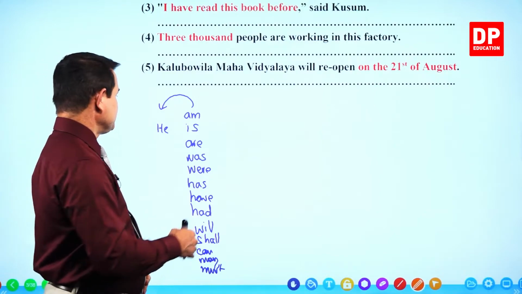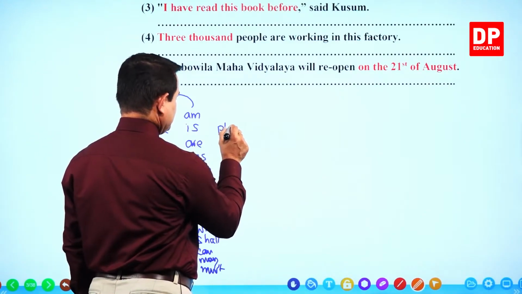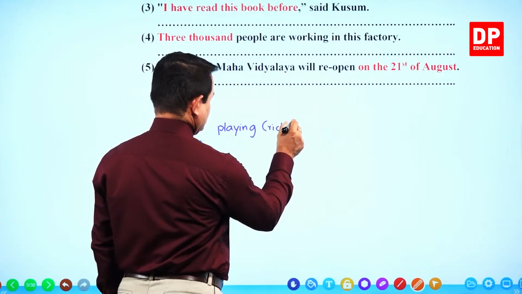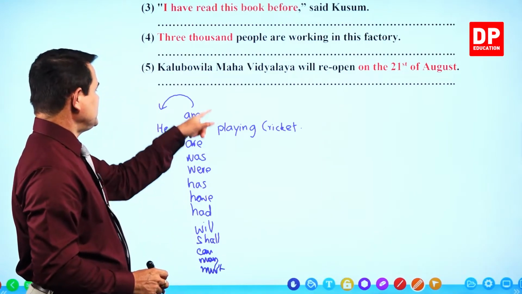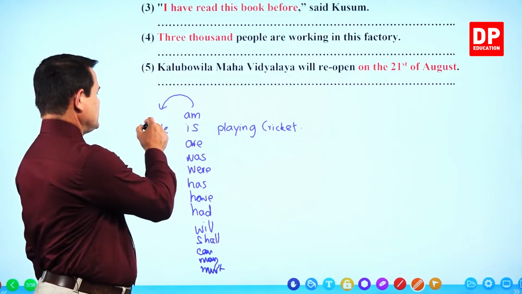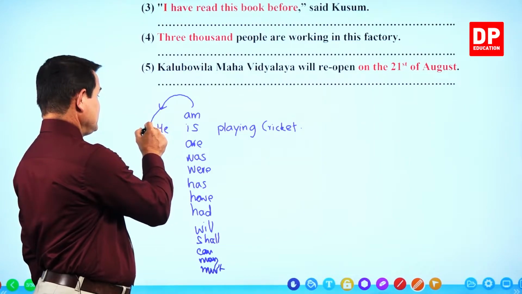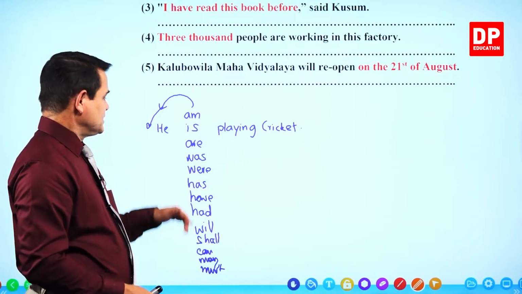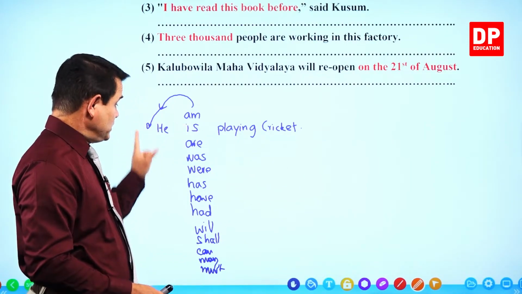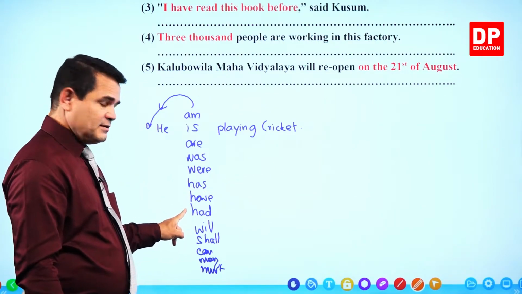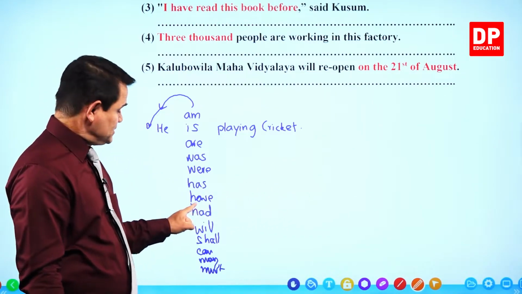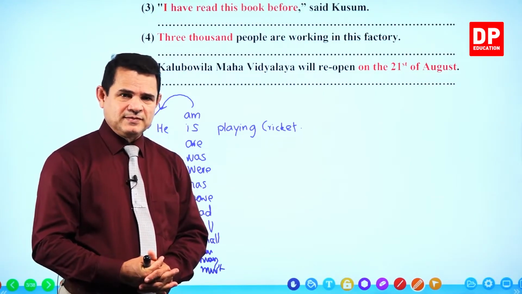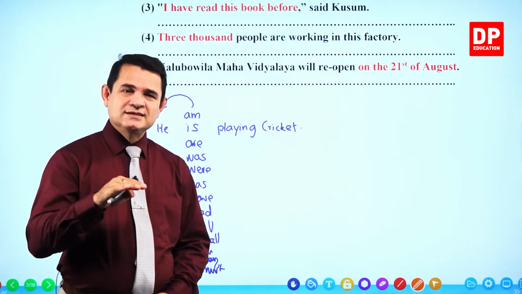Very simple. To form the question, you take it to the front. Then is එක මුලට ගන්නවා. Is he playing cricket? They were playing cricket. Were they playing cricket? He had finished his homework. Question එක had he finished his homework? ඒ වගේ. Very simple.